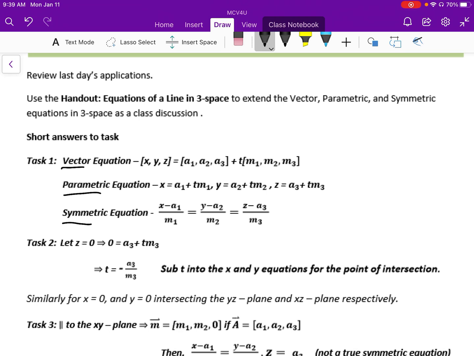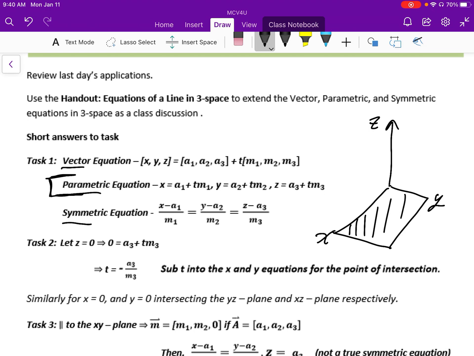If we're intersecting the xy plane, and you know that you've got z coming up here, z is going to be 0 everywhere on the plane. So you're going to have some x, some y, but you know you're going to have 0 for z.